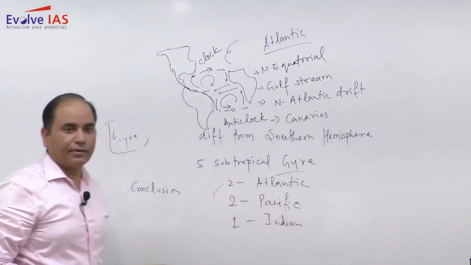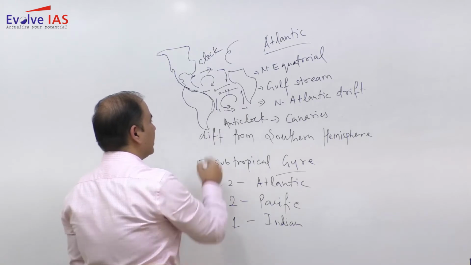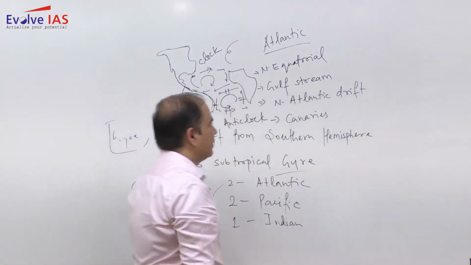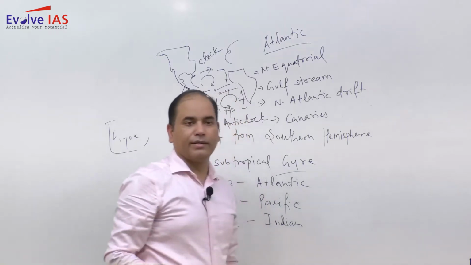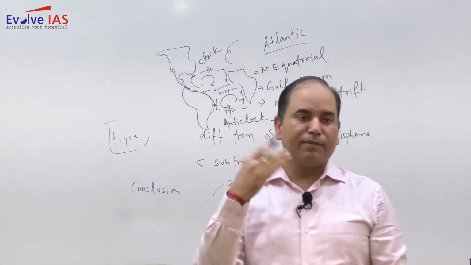Similarly, you need to take the southern part. In the southern part, you need to refer to the South Equatorial Current, Brazilian Current, West Wind Drift, and particularly the Benguela Current. After that, you need to highlight why the eastern boundary current.